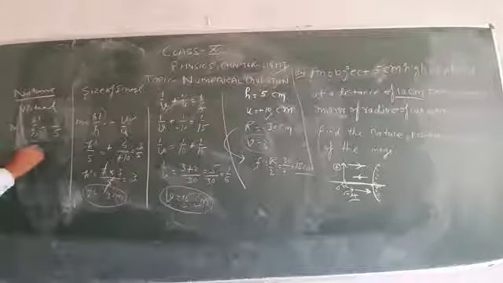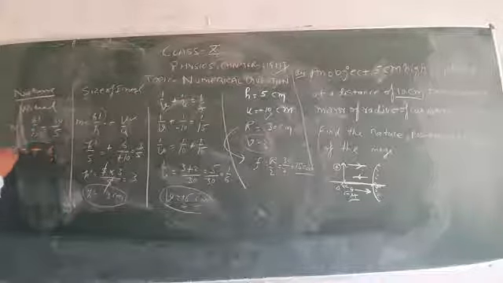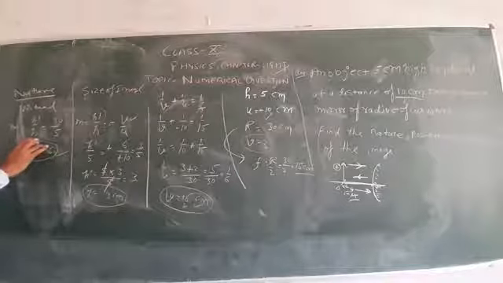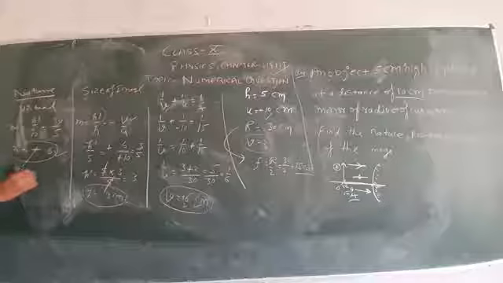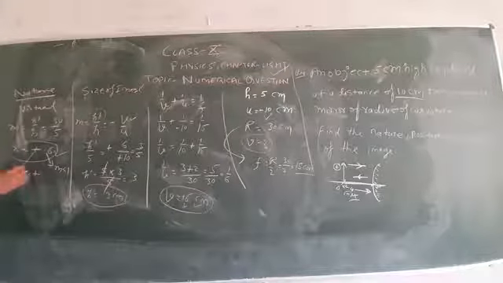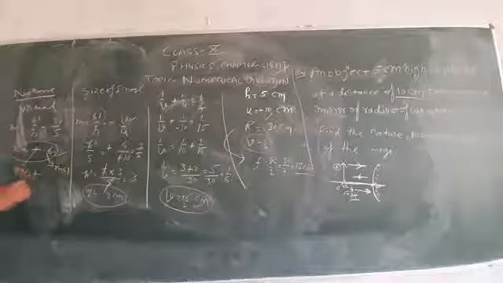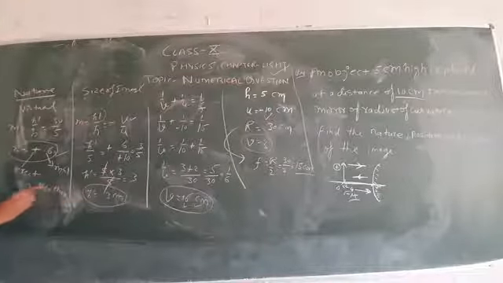So m equal to 0.6. Positive means image is erect. And 0.6, m is less than 1, it means image is diminished, small in size, smaller than object.